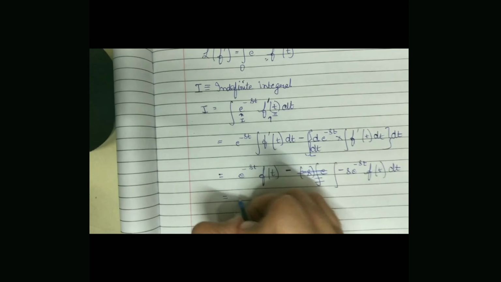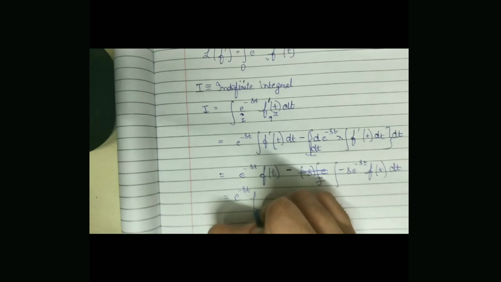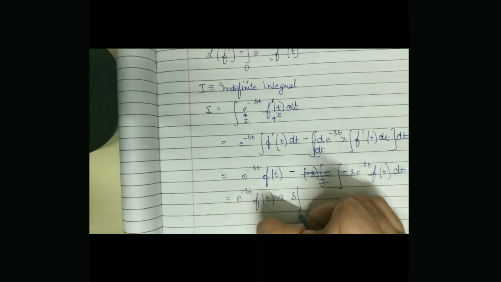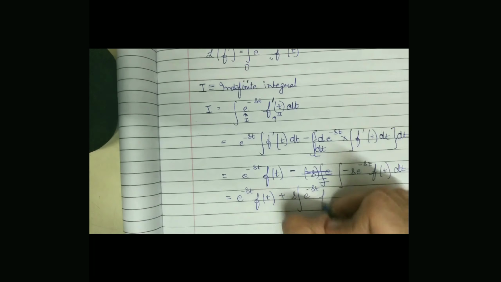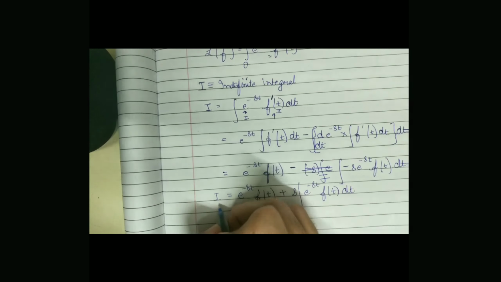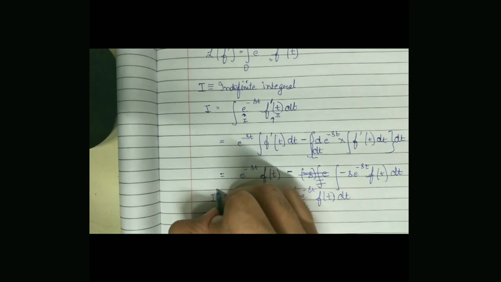So this can be written as e raised to power minus st f(t), plus, since minus minus gets plus, s times the integral of e raised to power minus st f(t) dt.